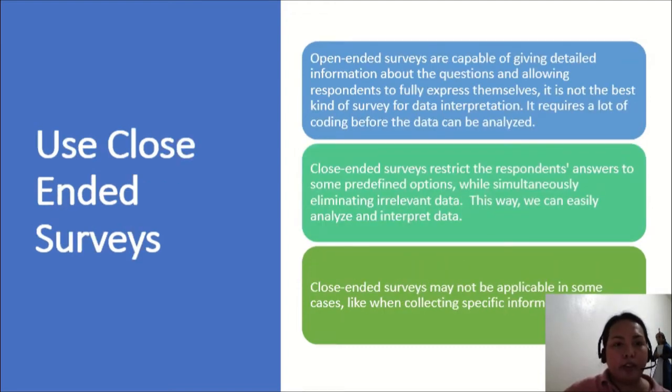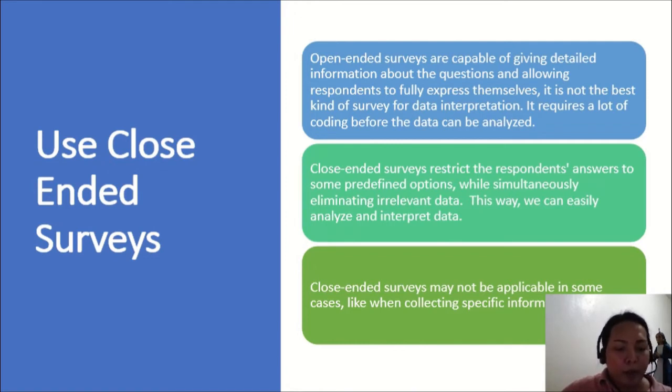Okay, the third tip would be to use close-ended surveys. Although open-ended surveys are capable of giving detailed information about the questions and allowing respondents to fully express themselves, it is not the best kind of survey for data interpretation.